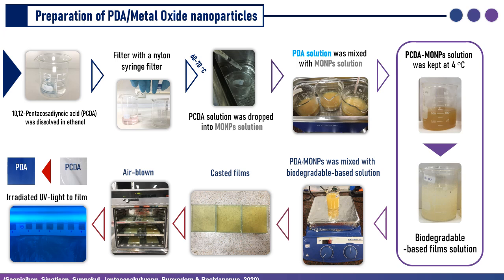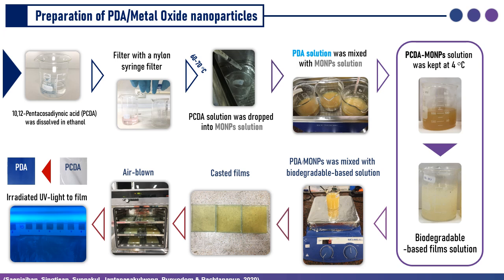In this work, the polydiacetylene and chitosan in the polyvinyl alcohol solutions were added with 10% of the metal oxide nanoparticle type and formed into the time temperature indicator film. Irradiation with the UV light before usage.